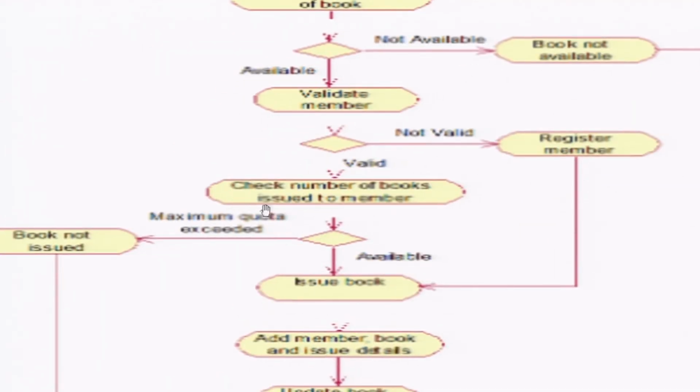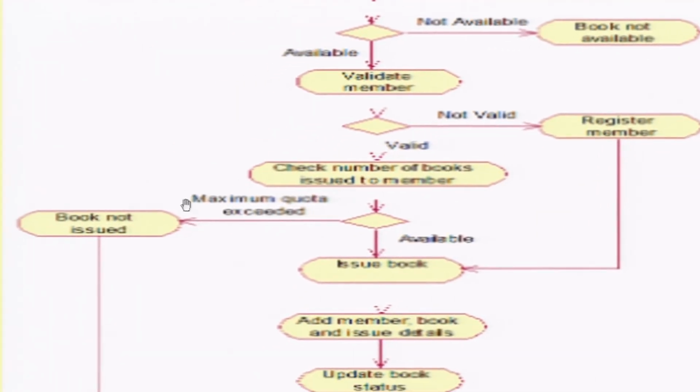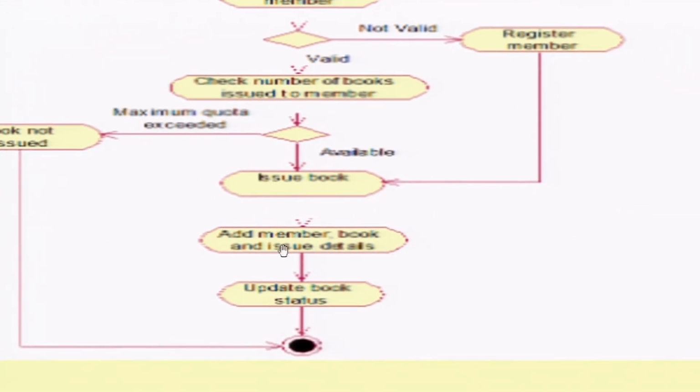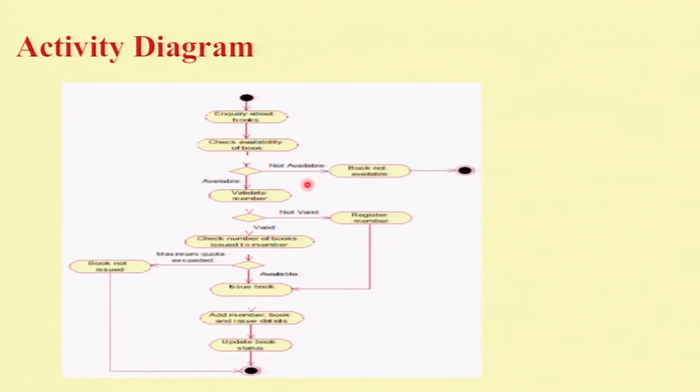Then after checking the number of books issued, if it has reached the maximum level, the book will not be issued. If it has not reached the maximum level, the book will be issued, the member details will be added, and the book status will be updated. Then this is about the activity diagram.